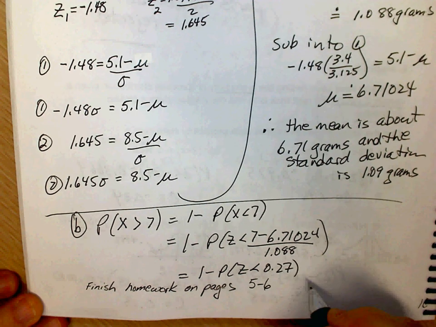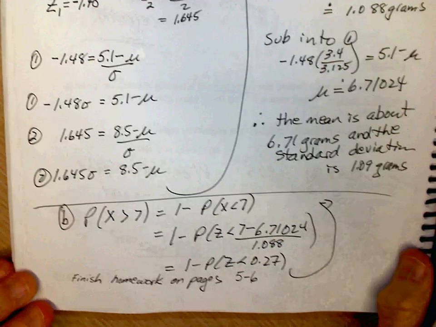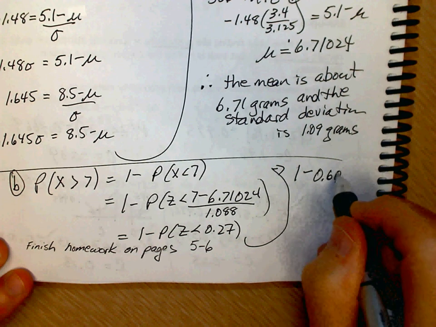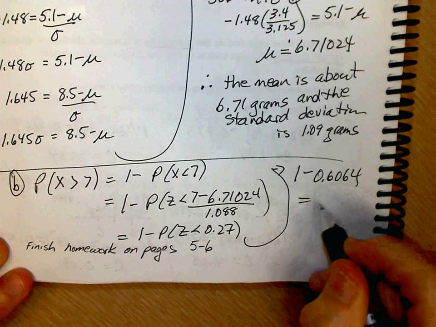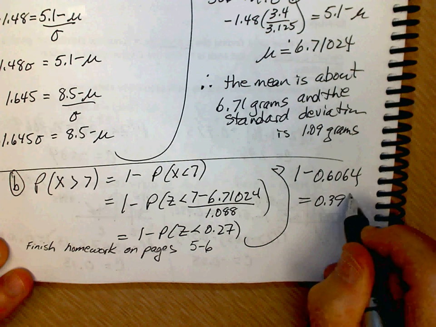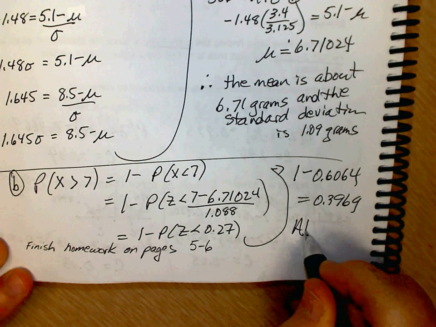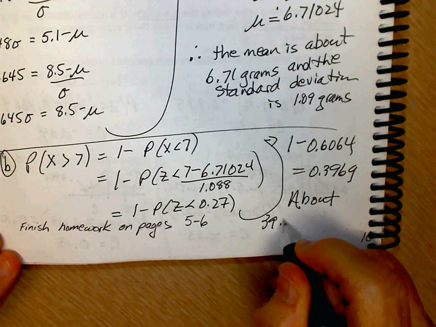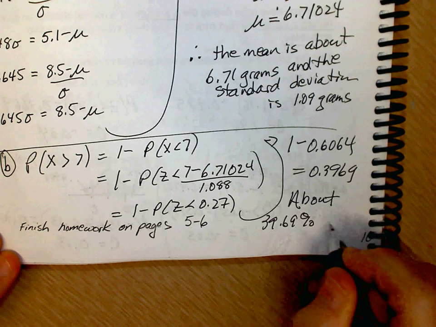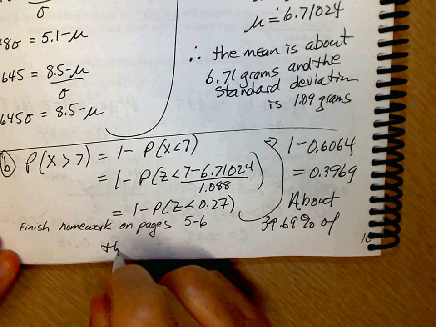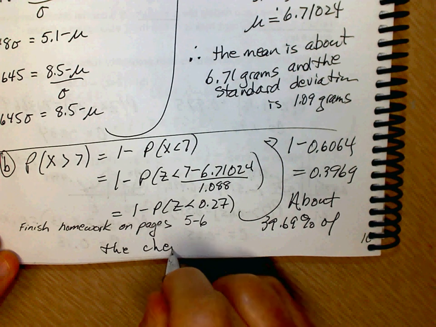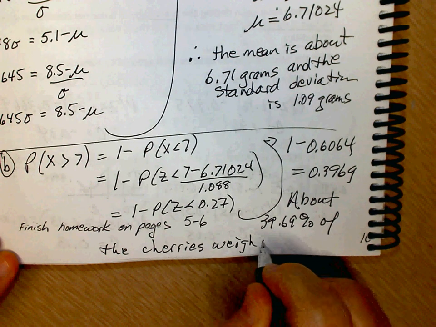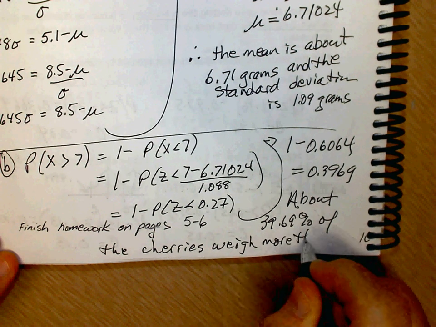And look it up in the table. You could take my word for it. And that is about 0.3969. About 39.69% of the cherries weigh more than 7 grams.